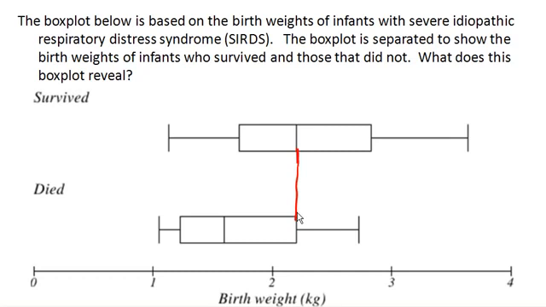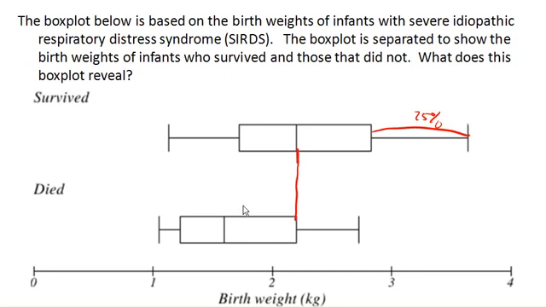So this means that, for example, here, this is 25% of infants that survived. 25% of infants that survived were heavier than all of the infants that died.